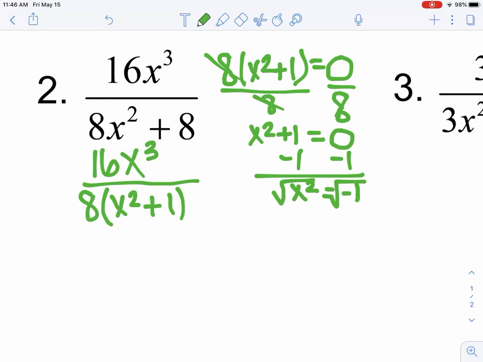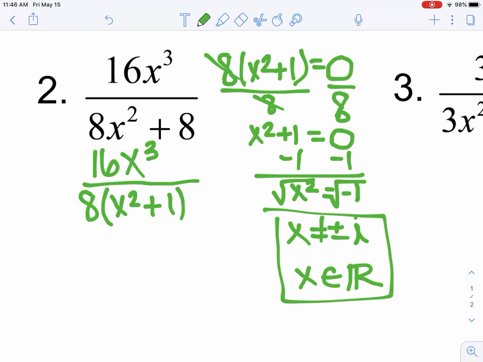Then we can take the square root of both sides. So x equals plus or minus the square root of -1, which is i. So that is what x cannot equal. So really what we're saying here is that x is going to be an element of the real numbers. We know it's not going to be imaginary.